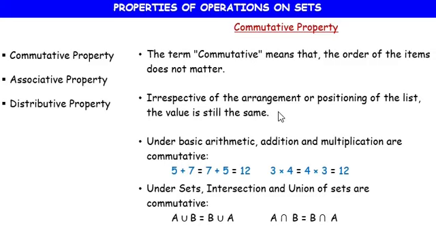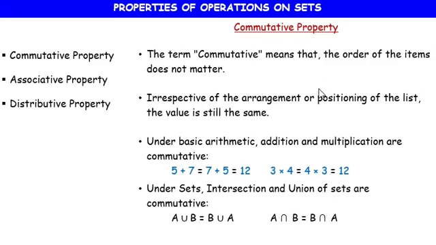Now, commutative simply means that the order does not matter, right? The positioning or the arrangement is not a factor. So irrespective of how you list the items, we are not interested in the order of it.